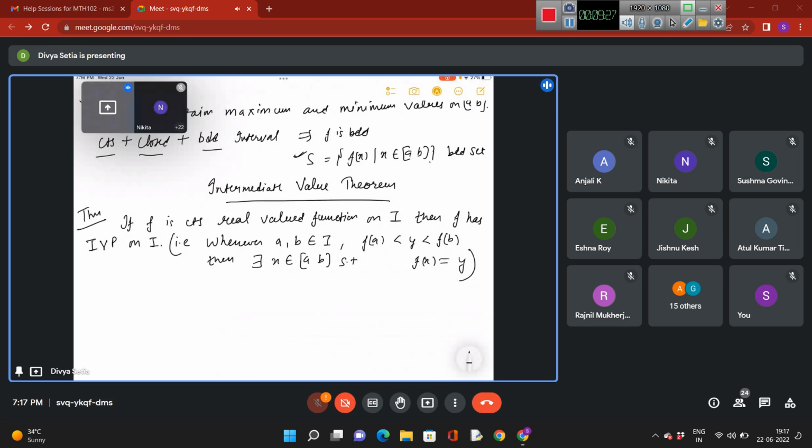This is the meaning of intermediate value property. That means whatever value is lying between f of a and f of b, all of them should have pre-images.